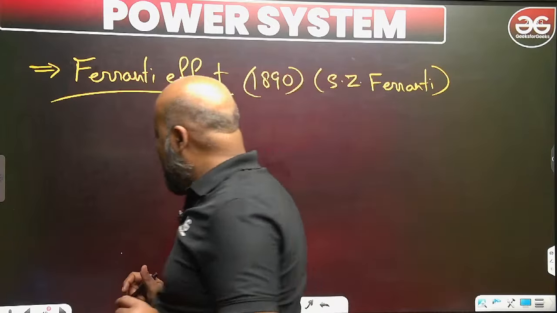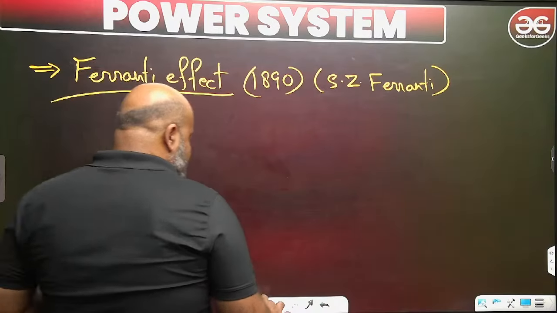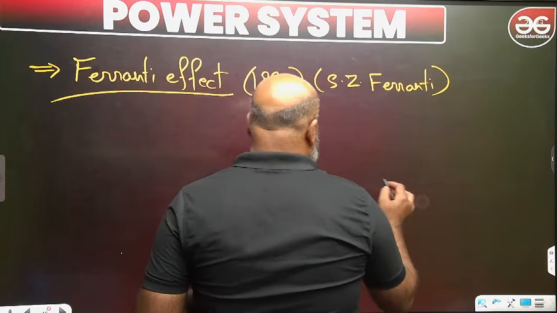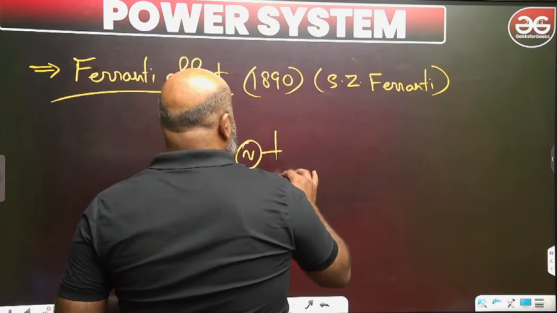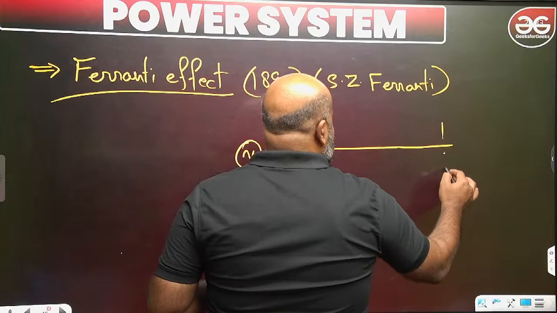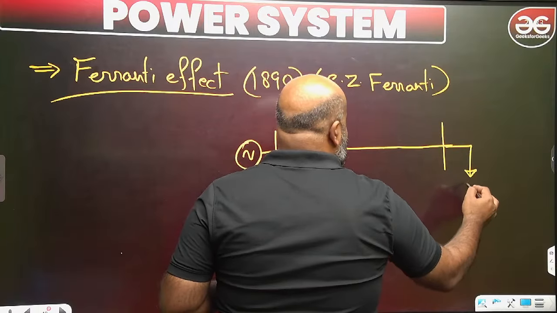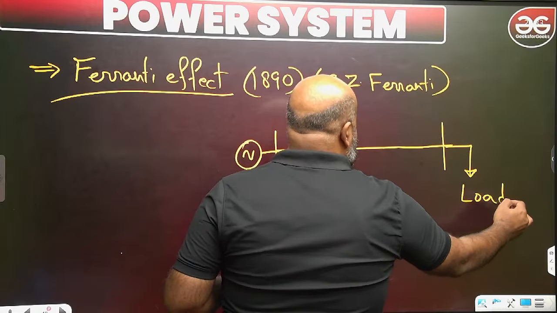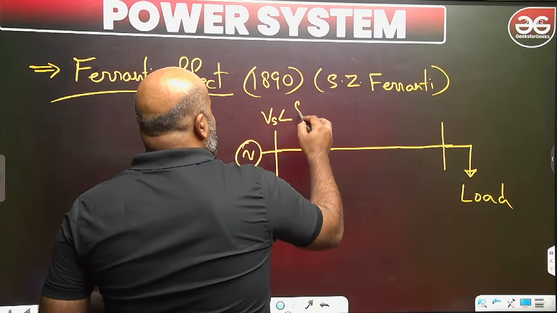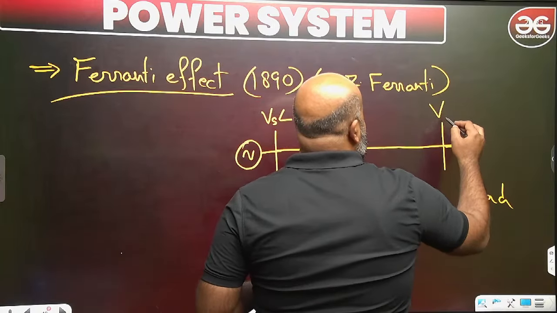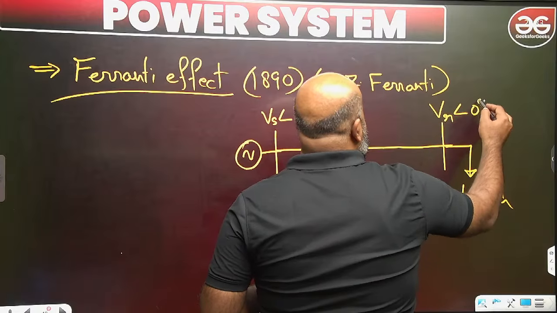Are you getting this? What he observed, if you have a generator or sending end, and suppose this is the receiving end and this is the load side, suppose this is the generator, so this is Vs angle delta, and this is Vr angle 0.